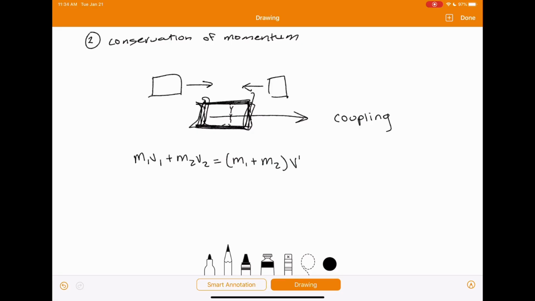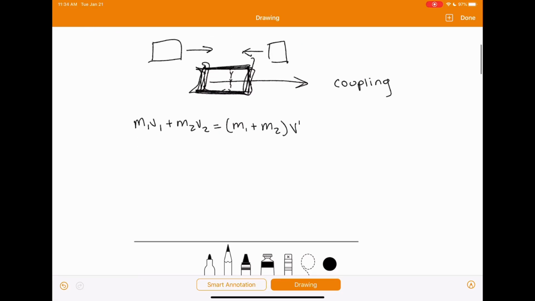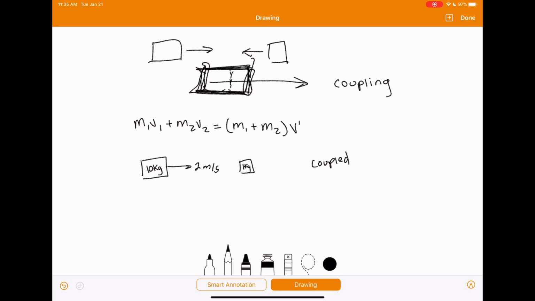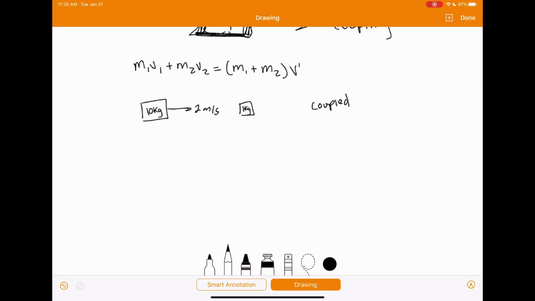So, for example, if we had a 10 kilogram block traveling at 2 meters per second, and it hits a 1 kilogram block at rest, and they couple, we can find their final velocity after they couple.